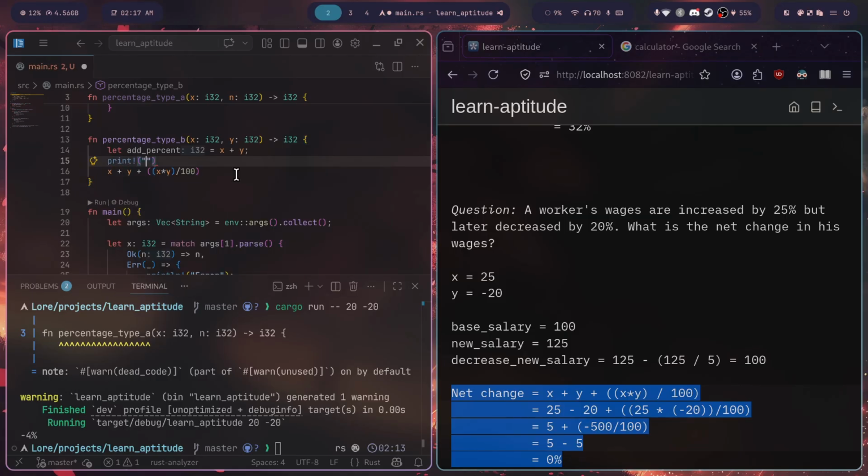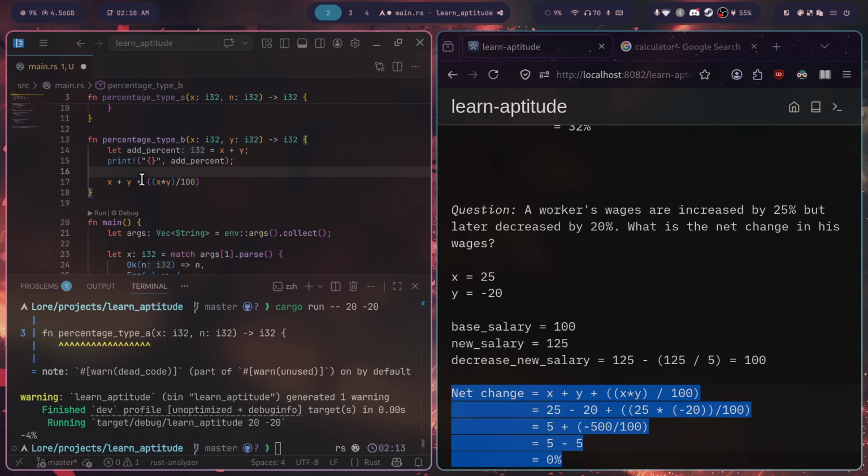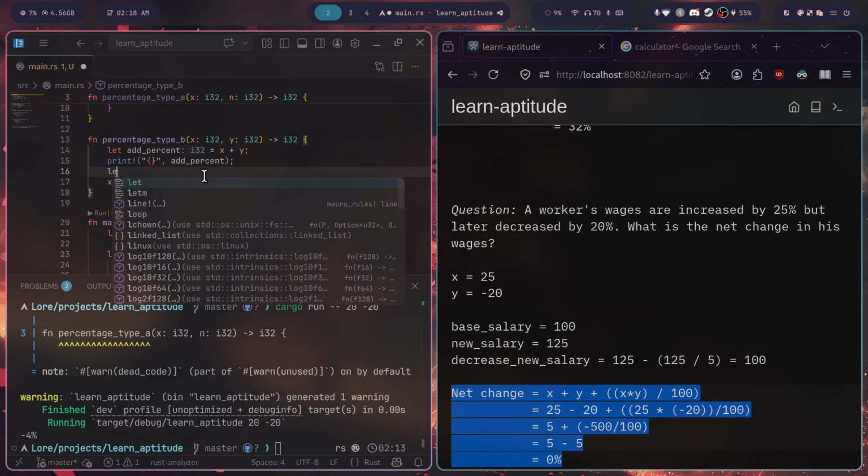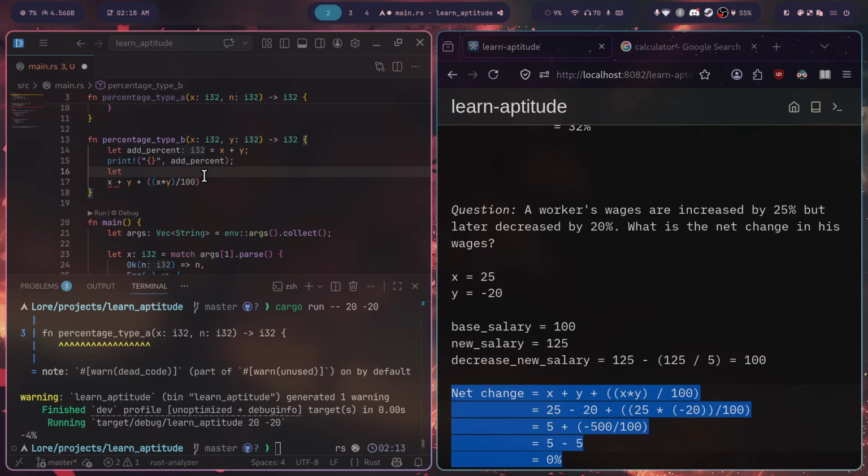Oftentimes in programming you should have seen it, the best way to debug is to just print the components, whatever variable you're passing the value to. You can just print it and see how the program is flowing. So it's quite a good debug technique. I have this, then I will multiply also.